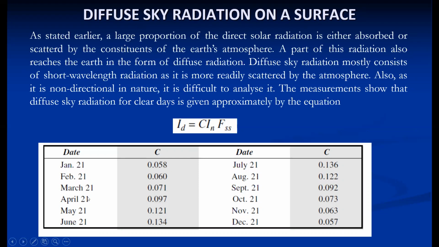Generally, if it is recorded on the 21st of every month, it is highest on 21st July and lowest on December 21st. So this radiation is highest during the July season, the maximum on July 21st and the lowest on December 21st. So this way we can calculate diffuse radiation.